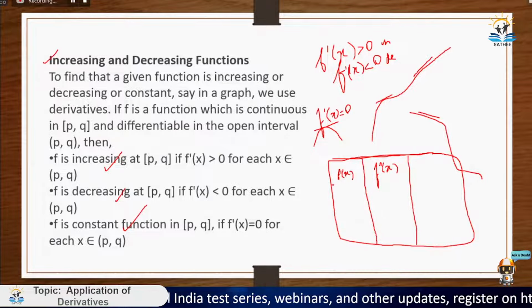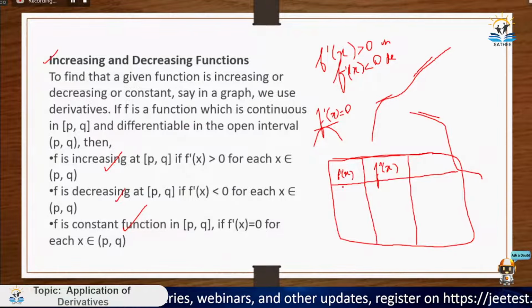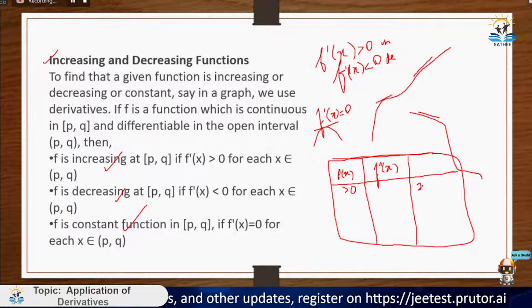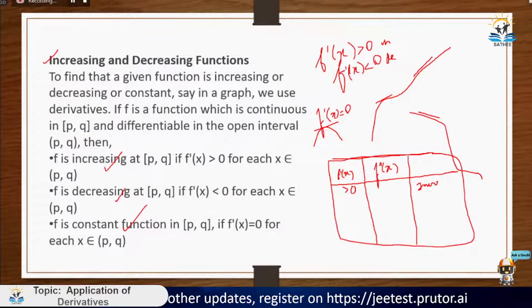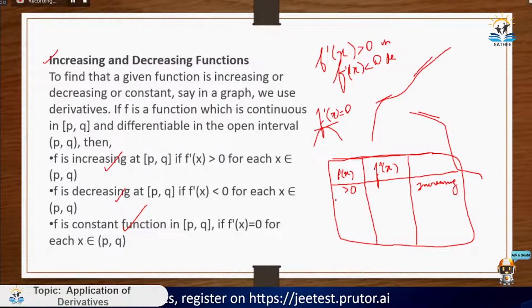Basically, if my f dash x is greater than 0, then my function is increasing. If my f dash x is less than 0, then my function is decreasing.